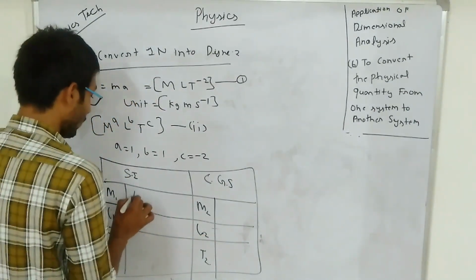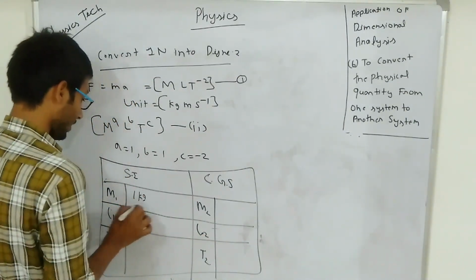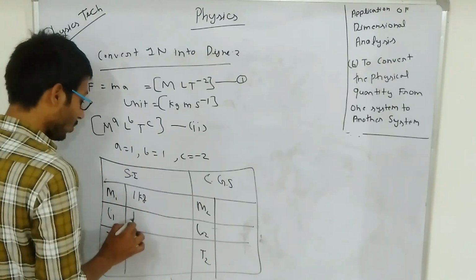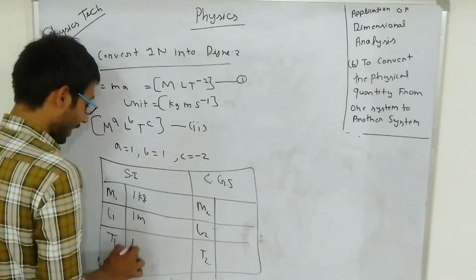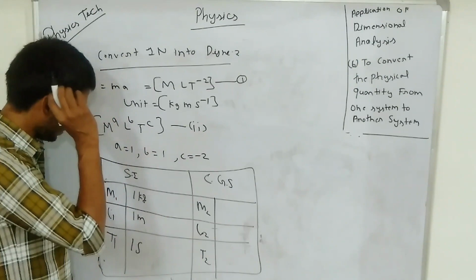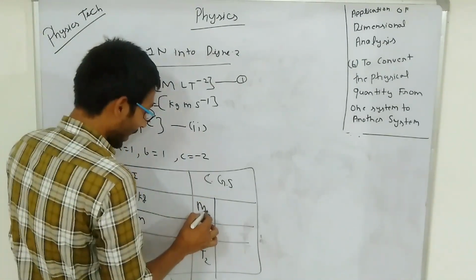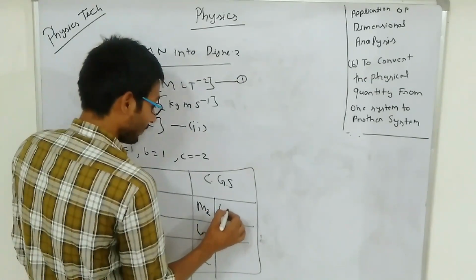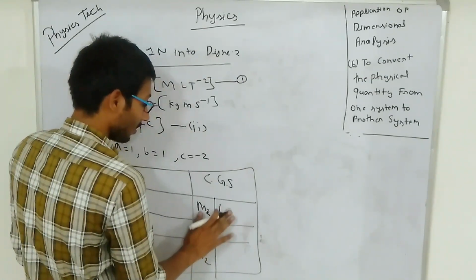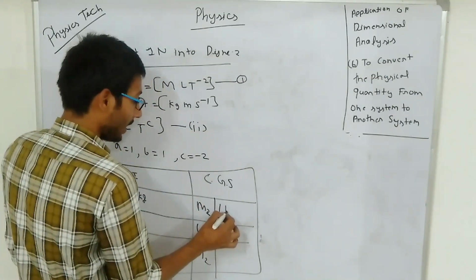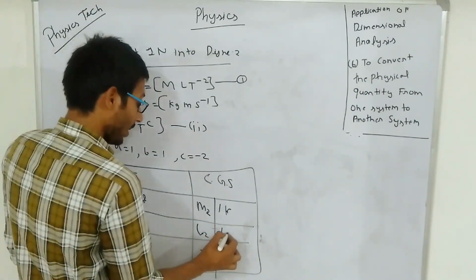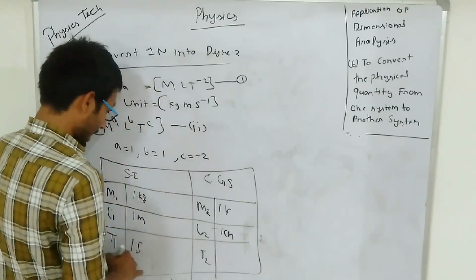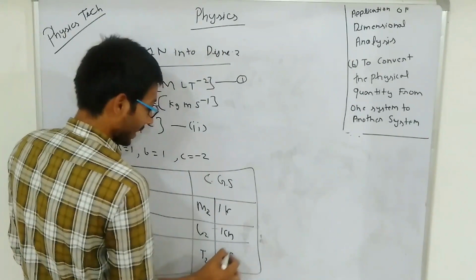M1 is equal to 1 kg, L1 is equal to 1 meter and T1 is equal to 1 second. Here M2 is equal to gram. We convert 1 kg, 1 centimeter, and here it is equal to 1 second.